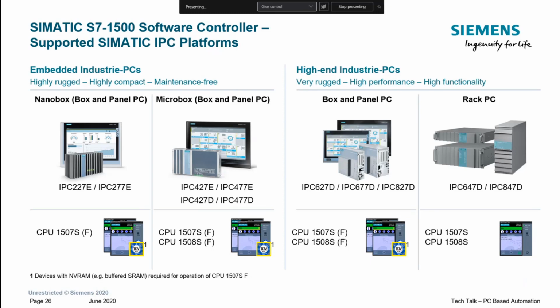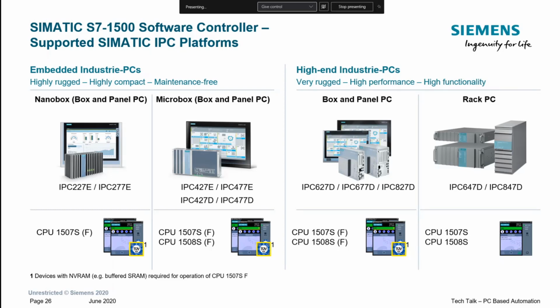But the massive drawback and the massive con for moving into the realms of IPCs is we've straight away lost the onboard I/O. We've straight away lost the small form factor. And there's still customers who don't like opening a cabinet door and not seeing a PLC there. They're still frightened by opening a cabinet door and seeing a PC.